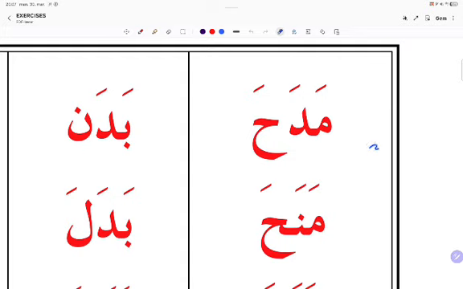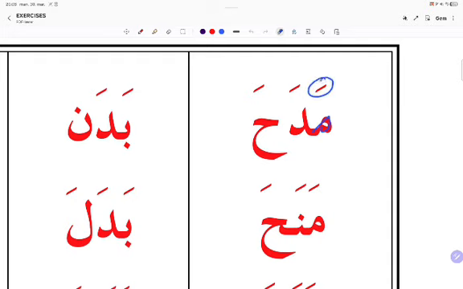It's alif, dal, dhal, ra, zay, waw. So this cannot be waw because it's connected here, and waw cannot be connected from the left. So we say meem. Okay, we found that it's meem.